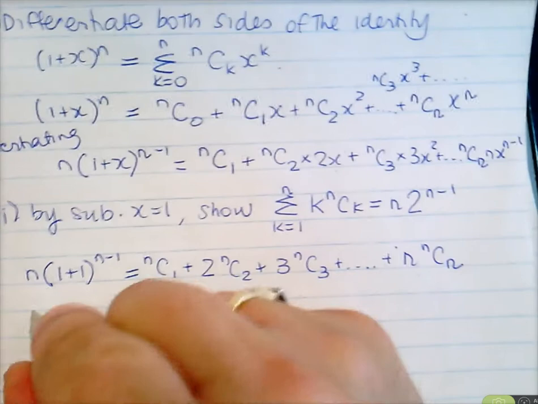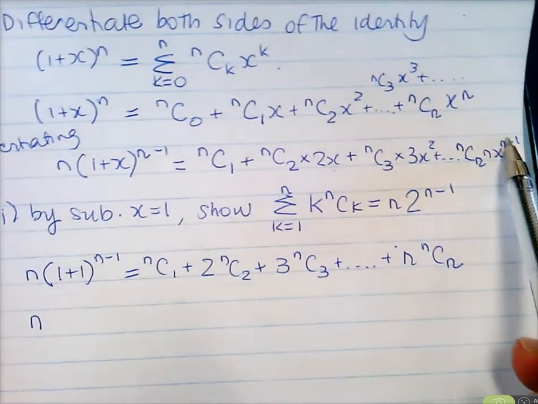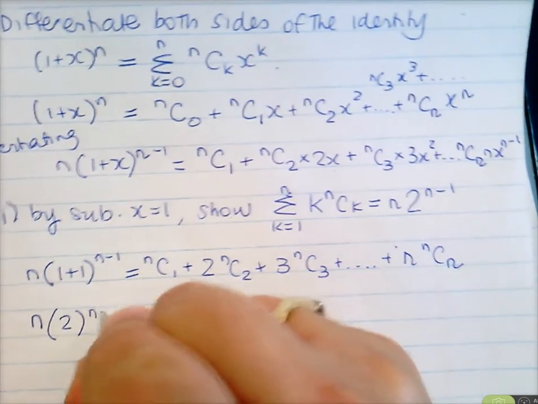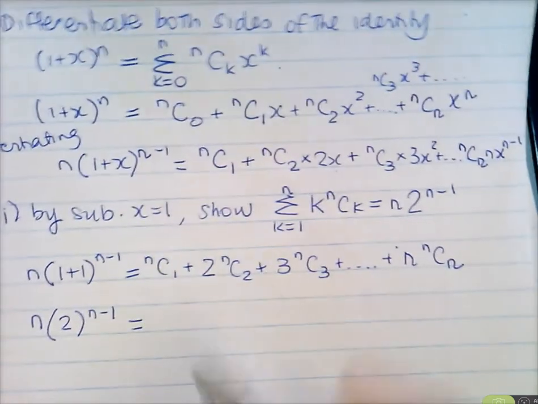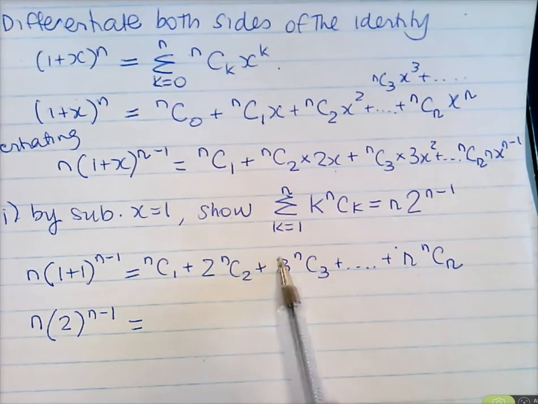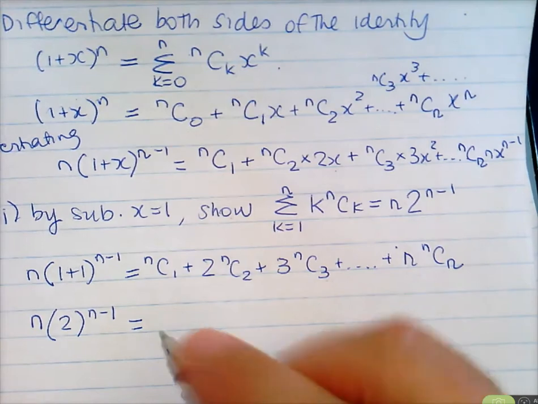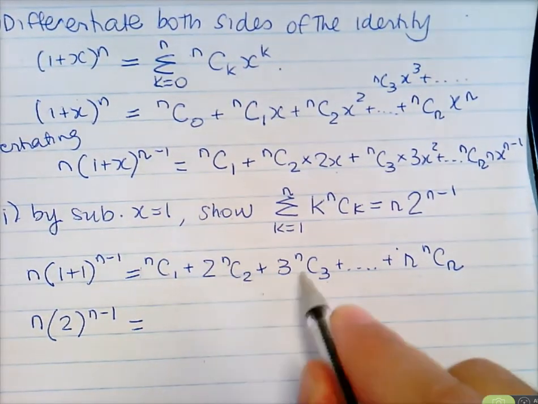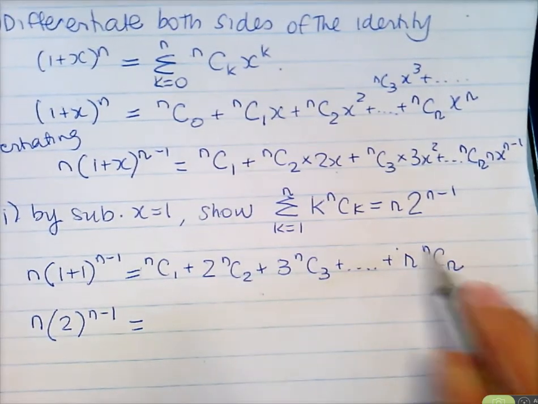So therefore, because 1 to the anything is 1, n times 2 to the power of n minus 1 is equal to, now look at the general term. The number at the front seems to be the same as this little subscript here. So isn't this 1 nC1 plus 2 nC2 plus 3 nC3 plus all the way up to n nCn?